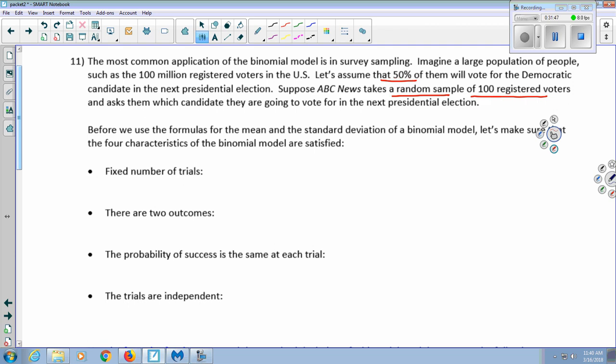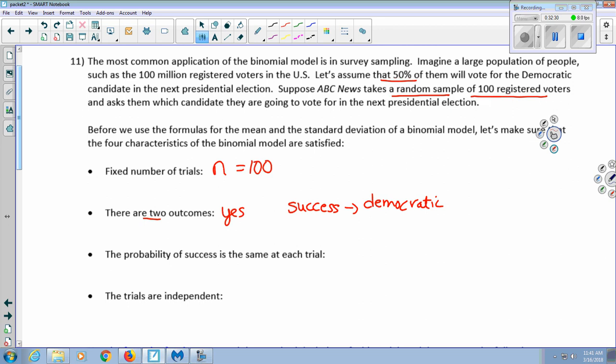So now we can look at what we'd expect to see in our distribution. But before we do this, we need to see, is the binomial model appropriate? Do we have a fixed number of trials? Yes. We're asking 100 people a yes or no question, right? There are 2 outcomes. We're going to call success being voting for a Democratic candidate, and then anybody else that they're voting for is going to be the failure.